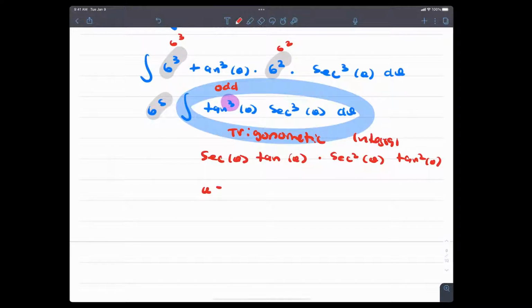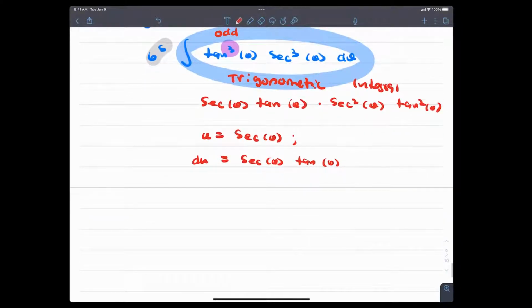And you're going to have u be what again? u is secant theta, right? So du is secant theta tangent theta d theta. If you guys remember that here.